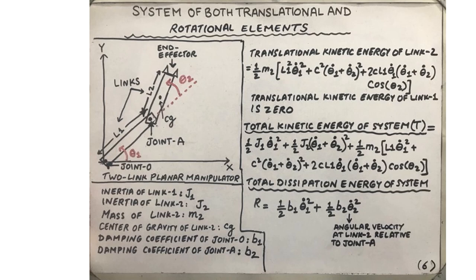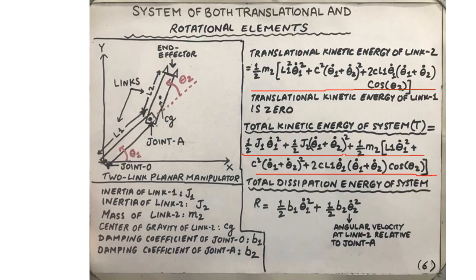The expression of total translational kinetic energy is shown here, and the total rotational kinetic energy of the system has already been calculated. When the two energies are added up, we can write down the expression for the total kinetic energy of the system. You can match this expression with the one given in the textbook, although the expression has been obtained by a somewhat different approach. That might be worth learning as well.